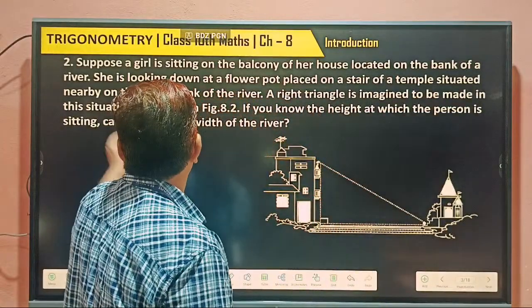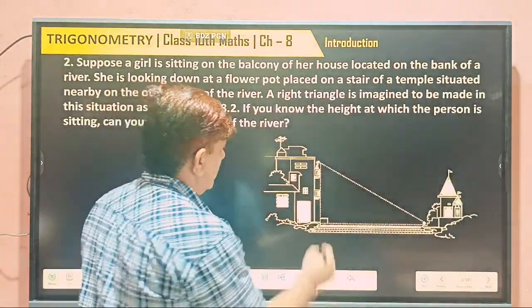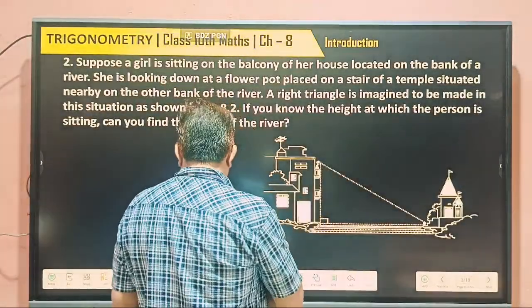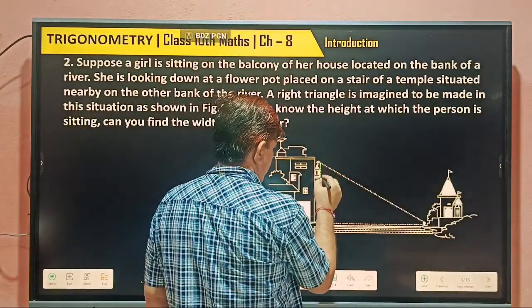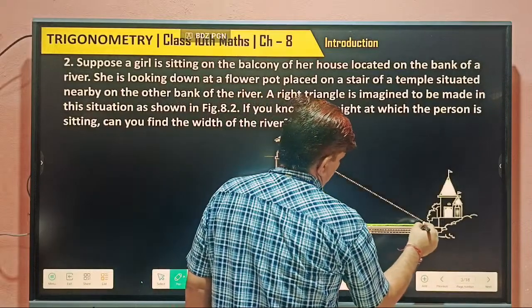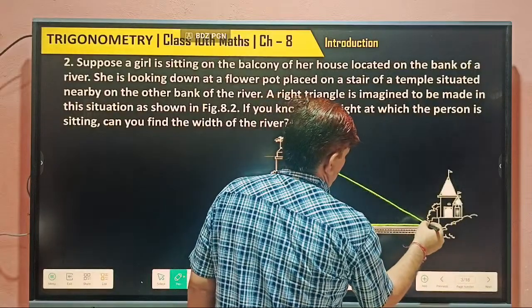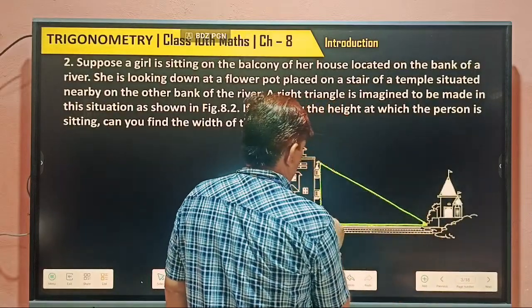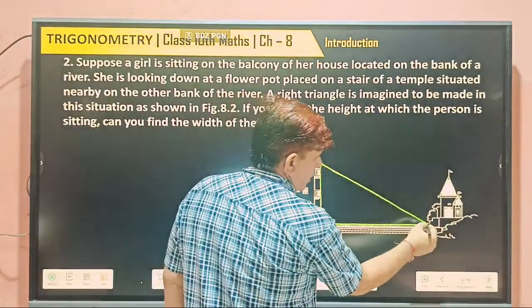Understood? Situated nearby on the other bank of the river, a right triangle is formed. So this type of right triangle is formed. This right angle is formed when the girl's eyes are here and looking here.